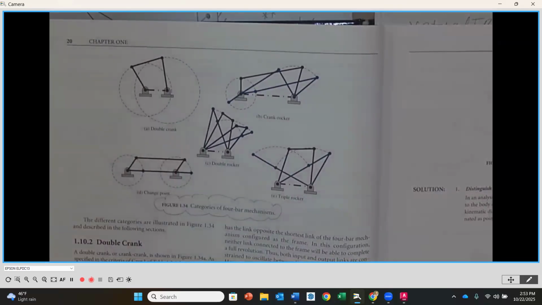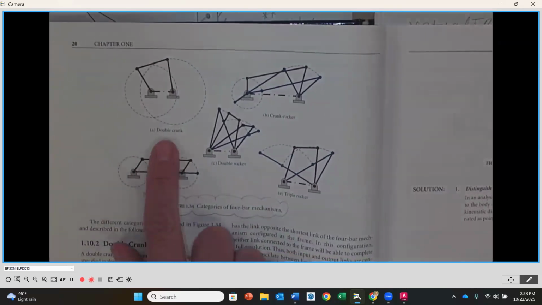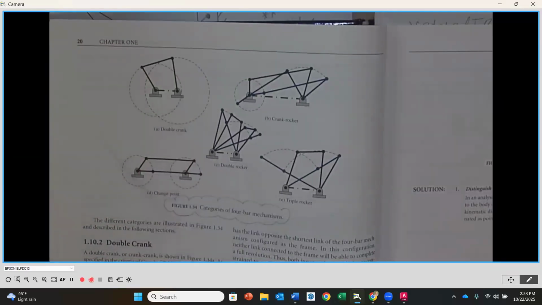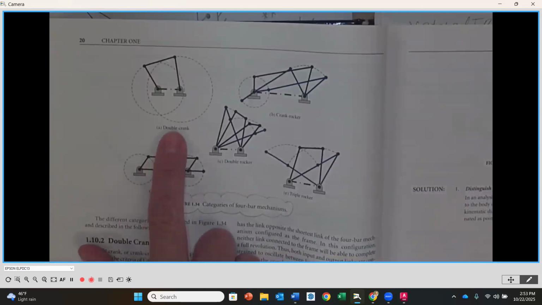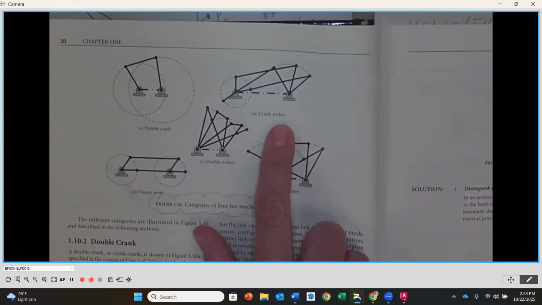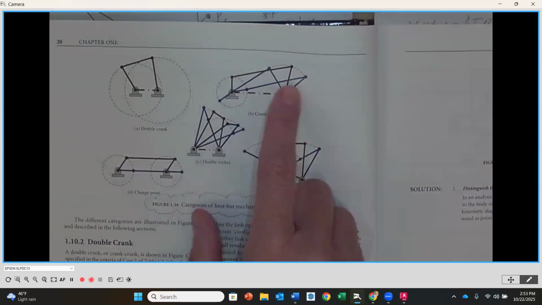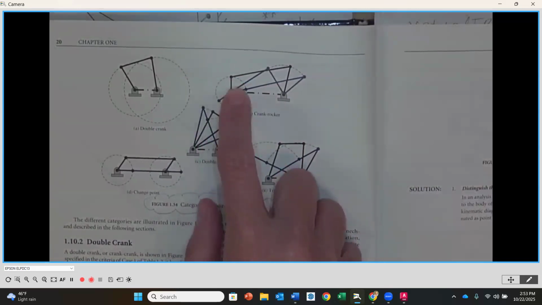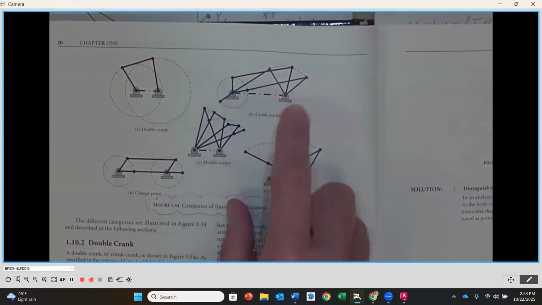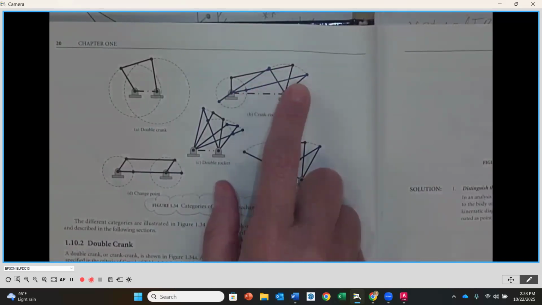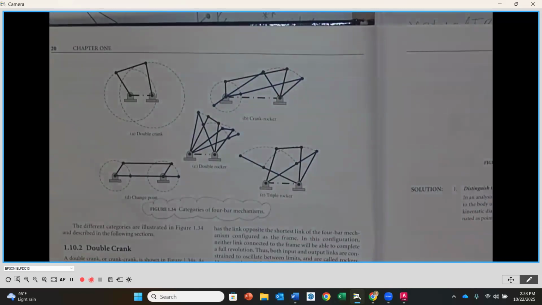So all that means is it's comparing the input to the output. When we say double crank, that just means that both the input and the output are going in a full circle in their operation, all right? The next one, the crank rocker, that just means that our input is going around a full circle, a crank, okay? And the output is oscillating or rocking back and forth, okay?